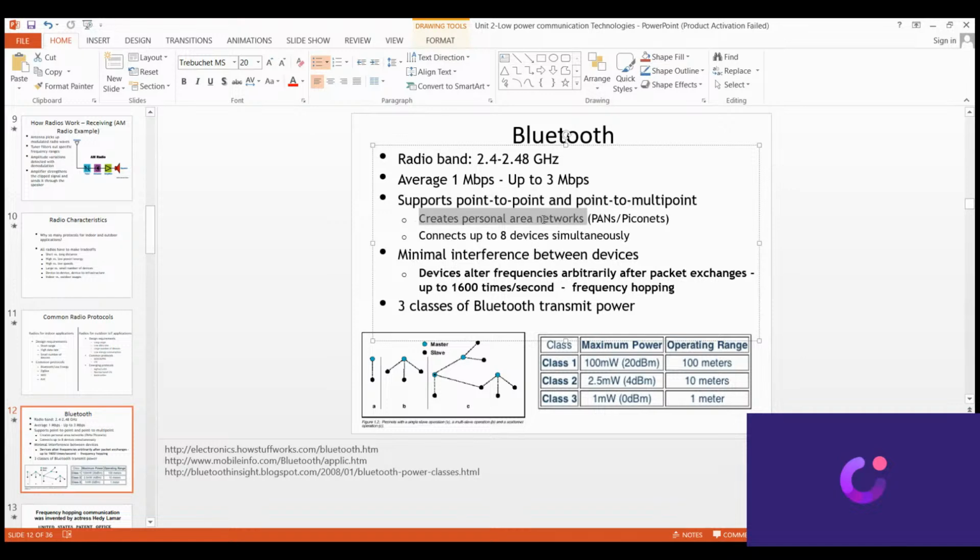Bluetooth creates a personal area network, or what you call the PAN. With Bluetooth, you are able to connect up to 8 devices simultaneously.